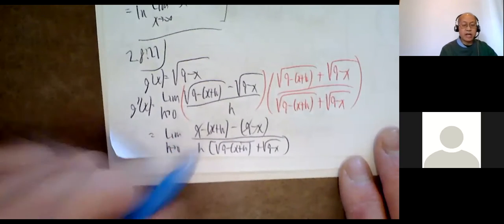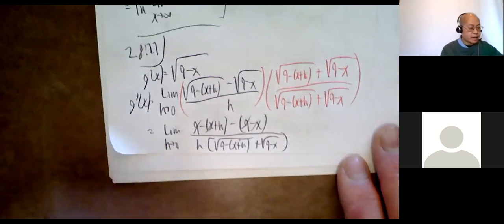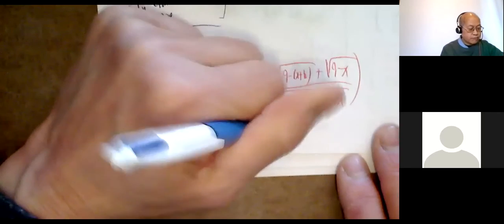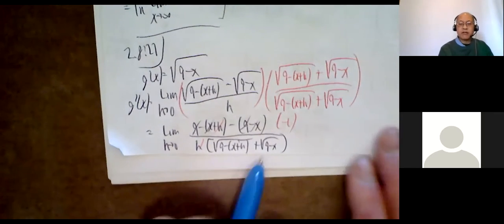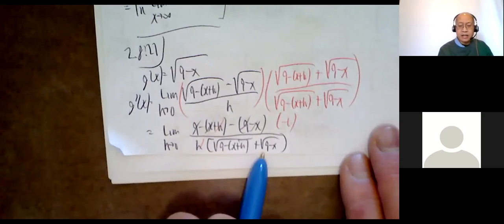So you have a negative h on top. The negative h will cancel the h on the bottom, leaving you with just a negative 1. So you have negative 1 over that and that.